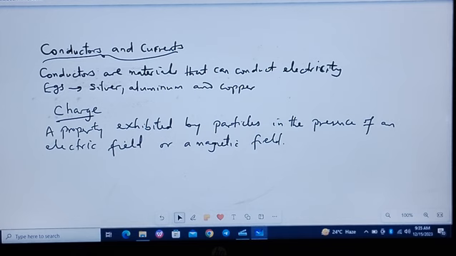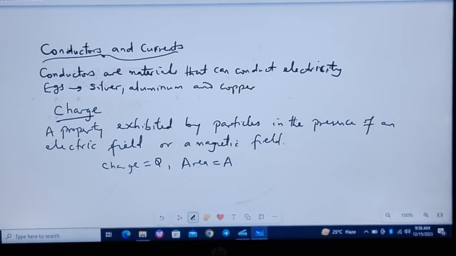So assuming we have a conductor with a cross-sectional area A, and let the charge be equal to Q. Now, the net flow of this charge across an area in a time interval delta t is referred to as the current, the average current.